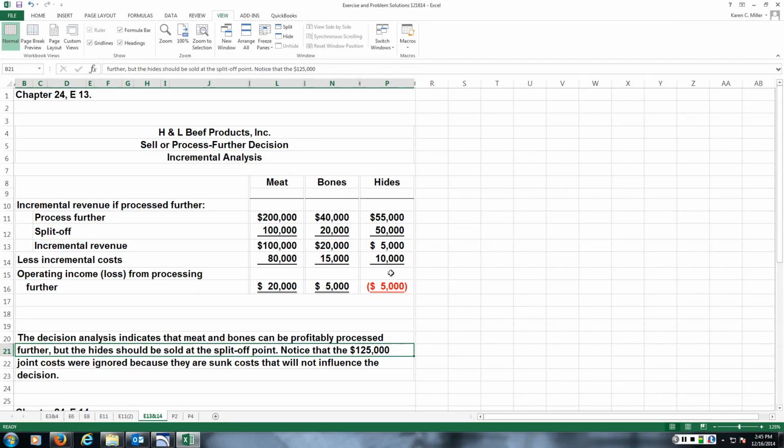But as far as our processing decisions, whether we continue to process further, it is irrelevant because these $125,000 costs were taken into consideration before we ever got to the split off point. And that is the point where we end up with three different types of inventory or materials that we could process further. Sunk costs are important in the calculation of total cost, but not in taking into consideration whether we should process something further or simply sell it at the split off point.